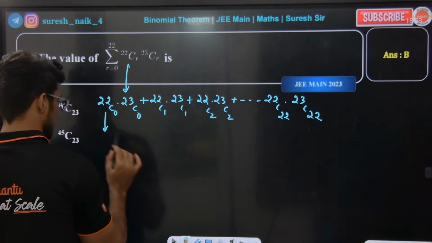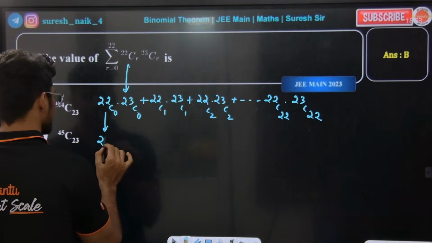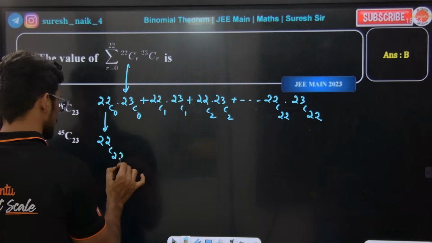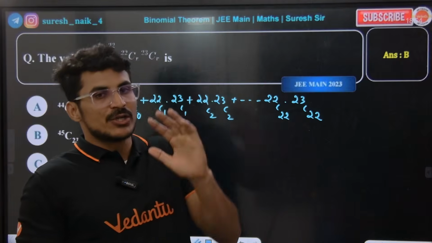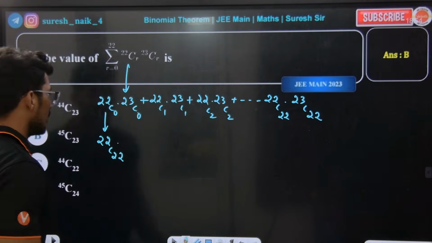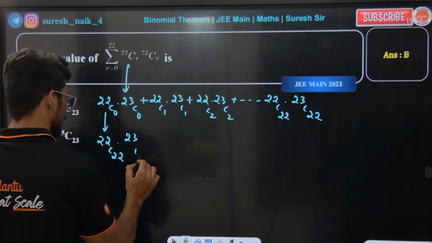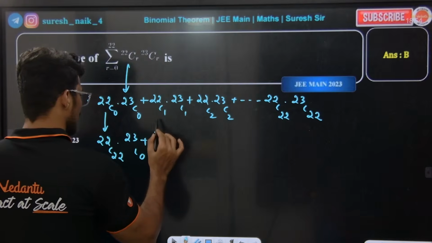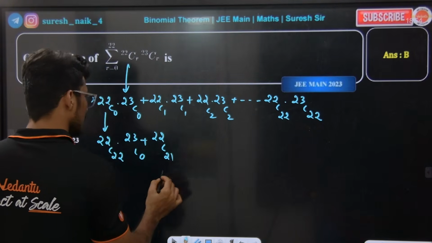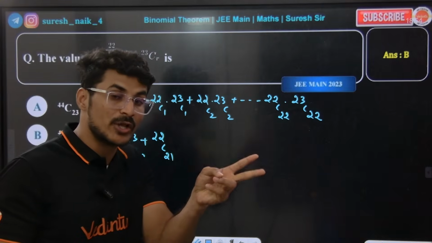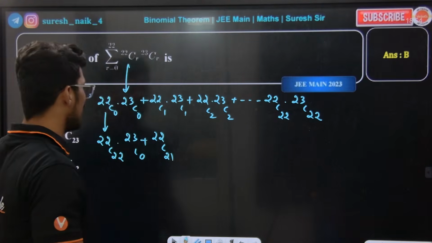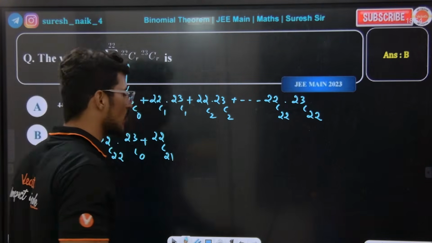Can I write this as 22C22? 22C0 has answer 1, and 22C22 also has answer 1. This is 23C0. Next, 22C1 can be written as 22C21. nCr is equal to nC(n minus r).